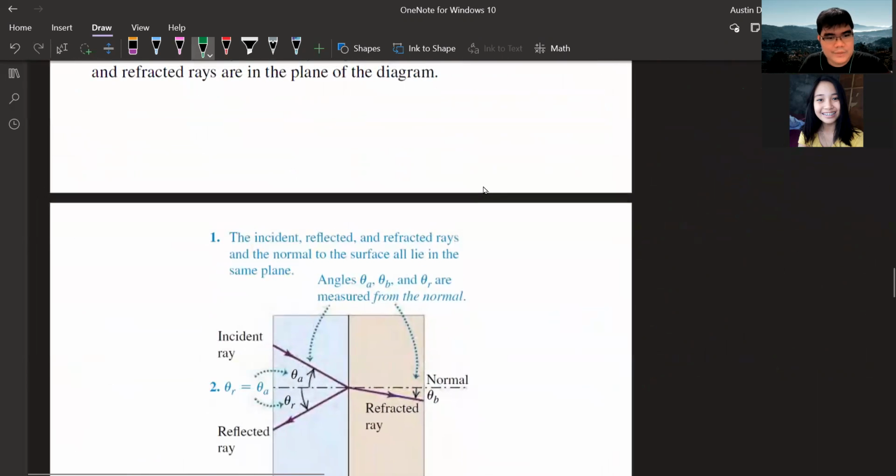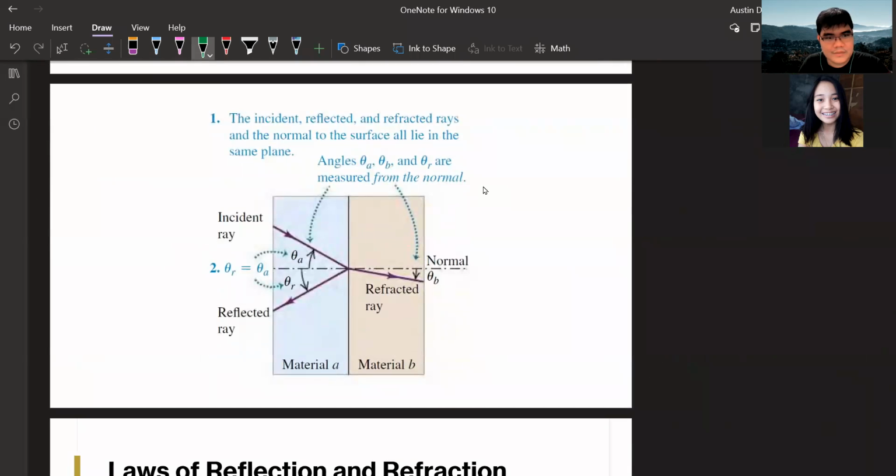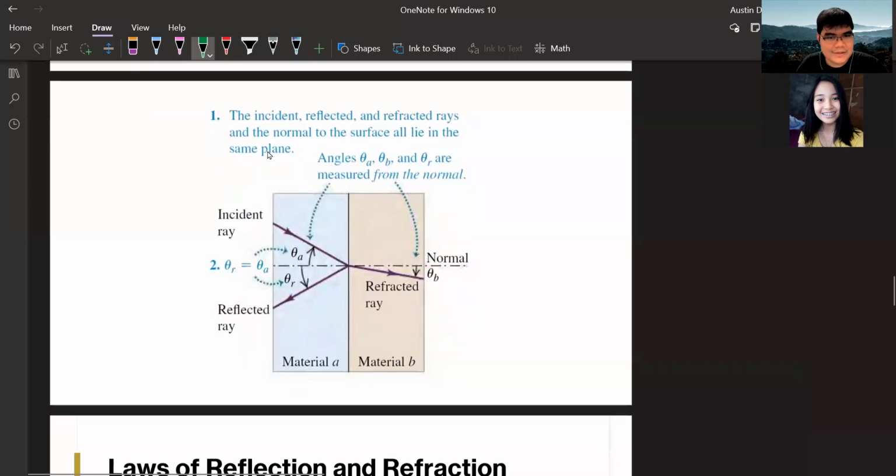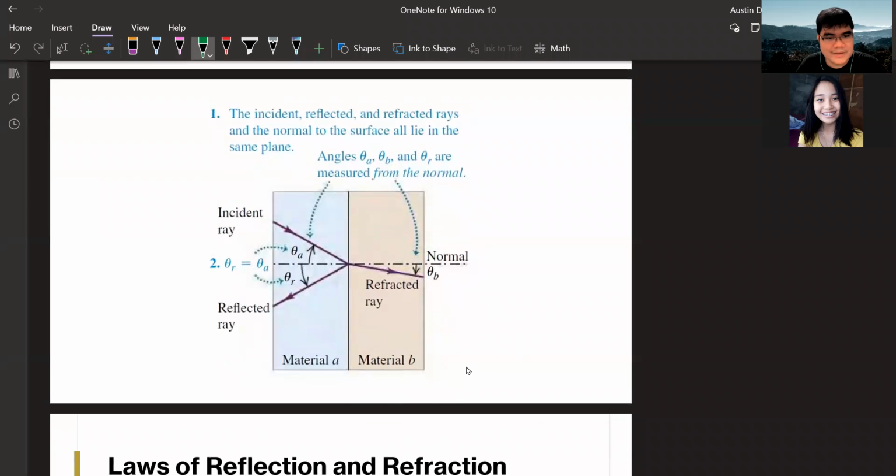Then the second one would be, in this case, when we draw it like this, the plane of incidence is our page. Okay? The plane of incidence is our page.